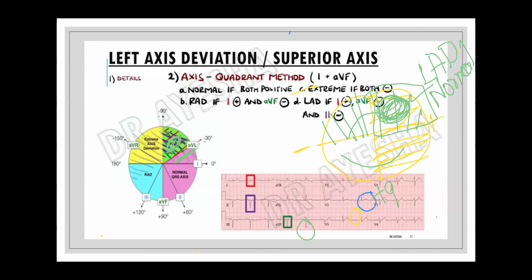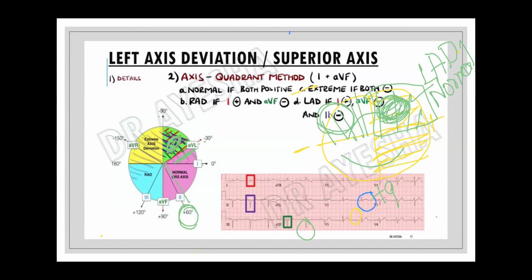For this confusion, now you are going to consider lead 2. Please lead 2, come and solve our problem. So you all know that the direction of lead 2 is towards the left limb, the direction of the normal axis.